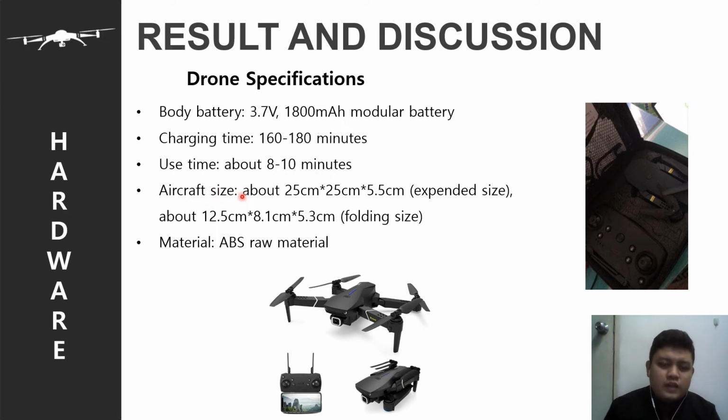The expanded size is about 25 cm by 25 cm by 5.5 cm. The folded size is about 12.5 cm by 8.1 cm by 5.3 cm. The material of this drone is ABS raw material.